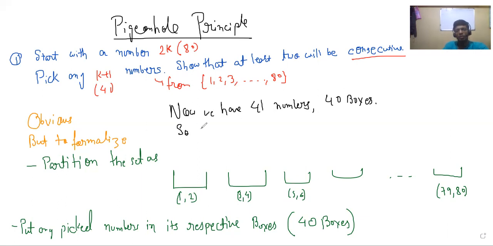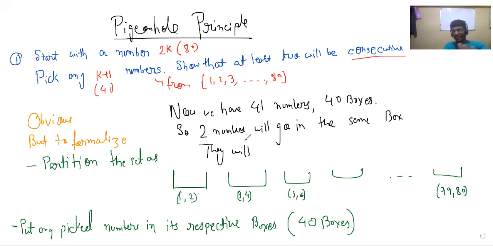So 2 numbers will go in the same box, and they will be consecutive. I will not write this later, just the first time I'm writing it.